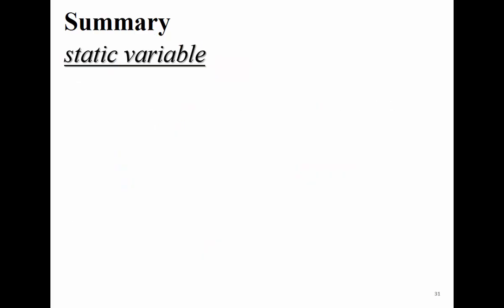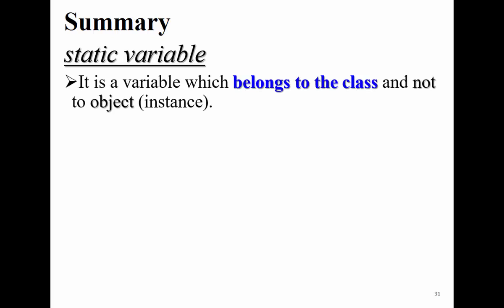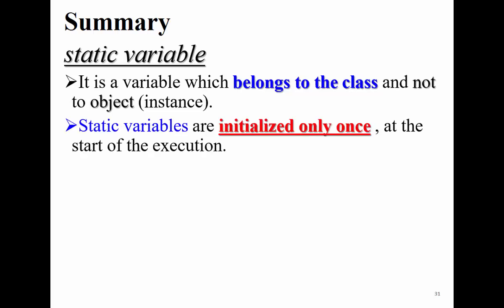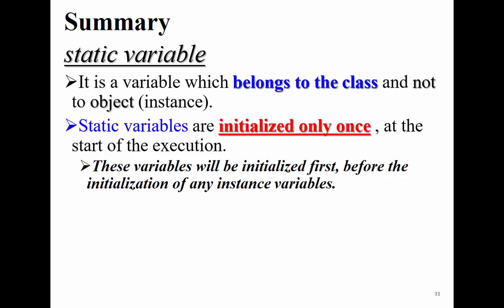Just to summarize some useful information about static. When we use static with a variable, that means this variable belongs to the class. Only one copy of the variable. We can initialize this variable only once, at execution.